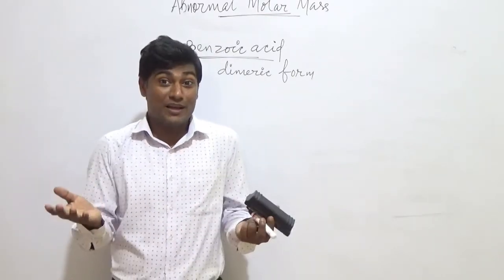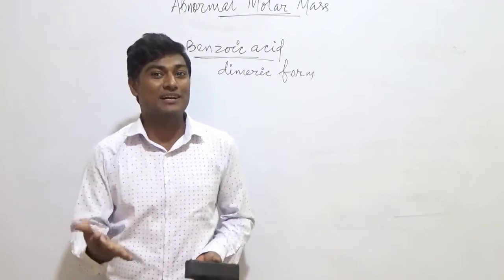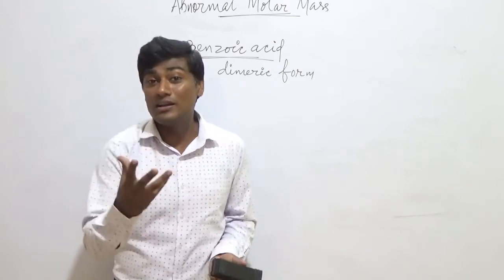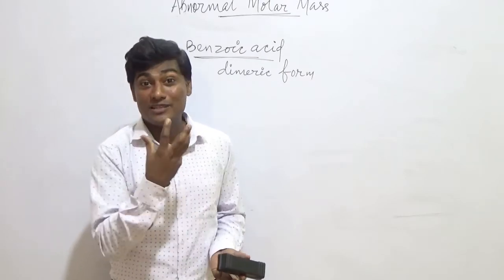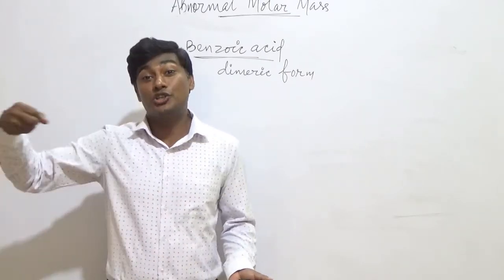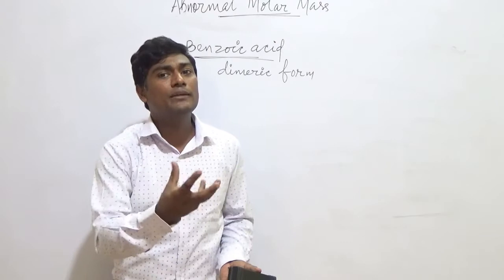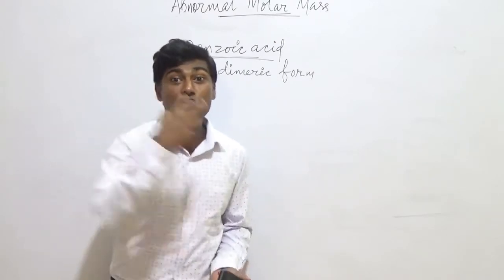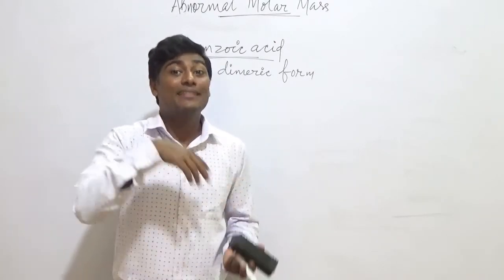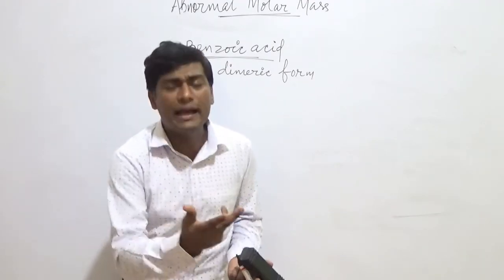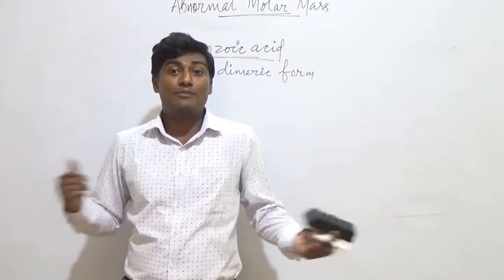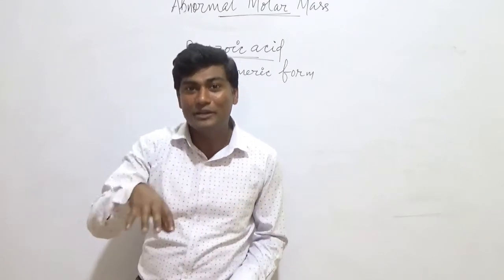So here begins the story. Once the number of particles becomes less than what was actually added, the colligative properties will be less. Once colligative properties are less than expected, the molecular mass will be higher than expected, hence the abnormal molar mass. Are you getting it now?